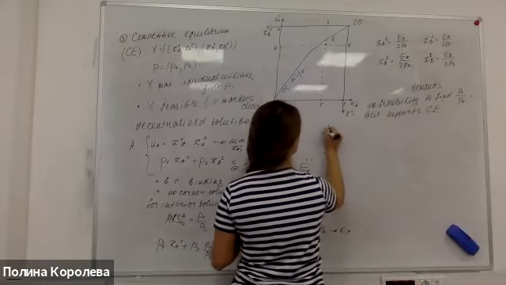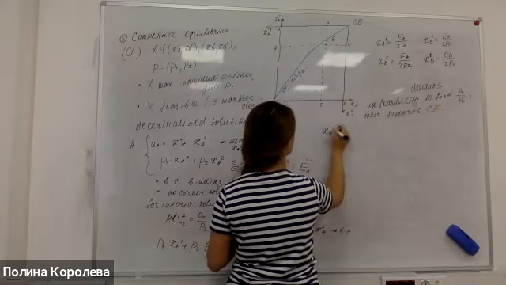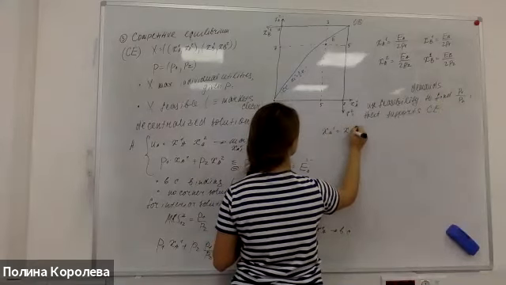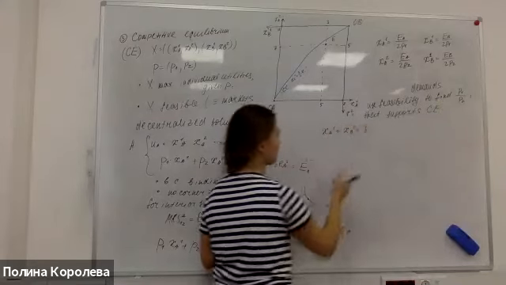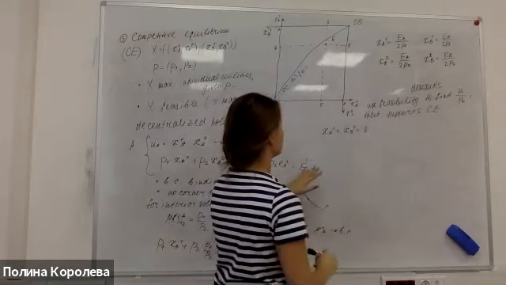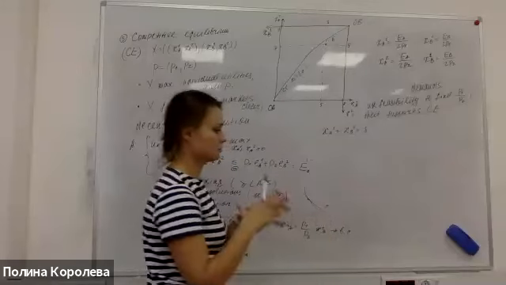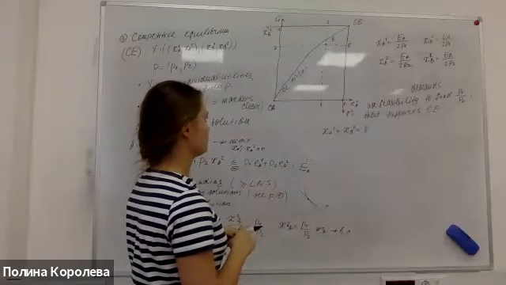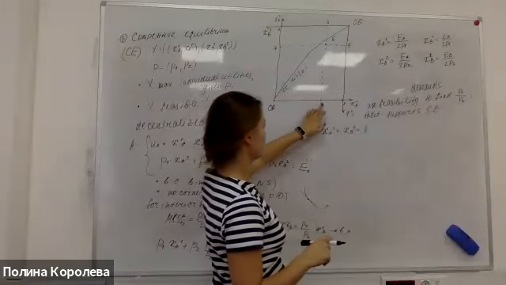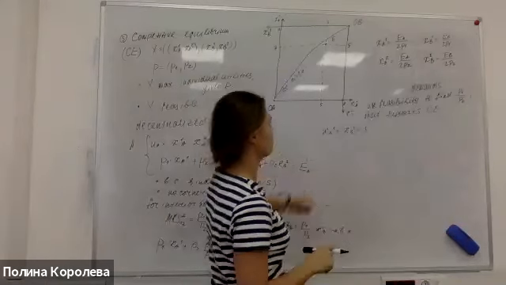Okay, xa1 plus xb1 should be equal to 8. Let's do it. Let's write xa1 by putting in the endowment point.